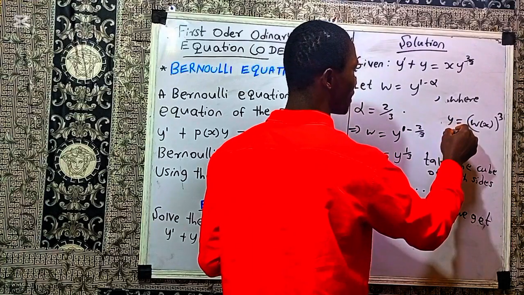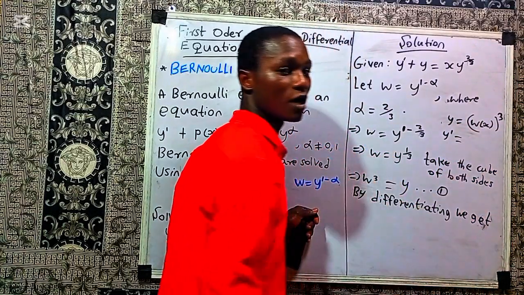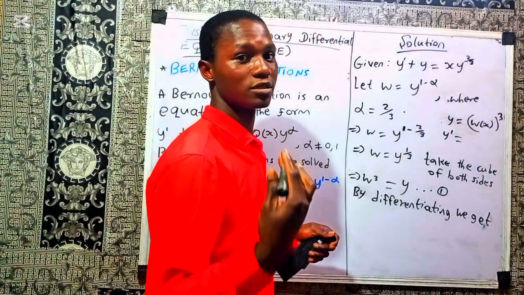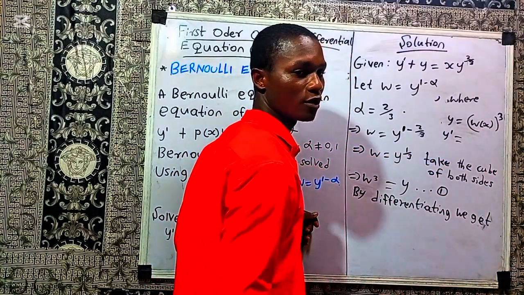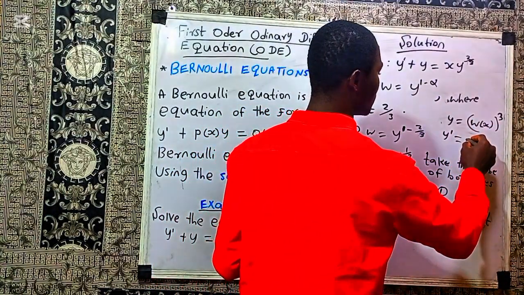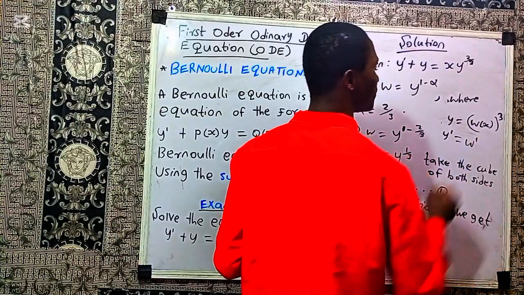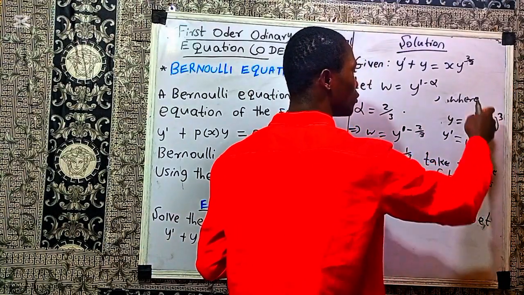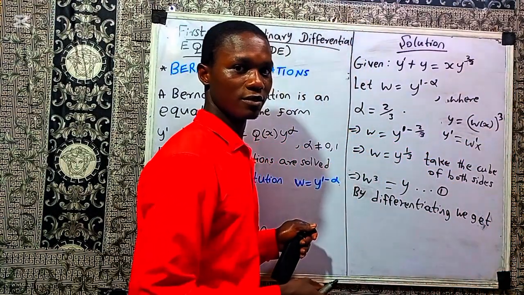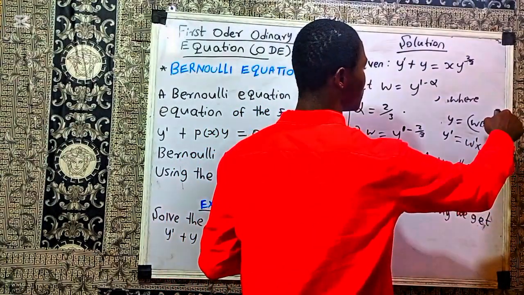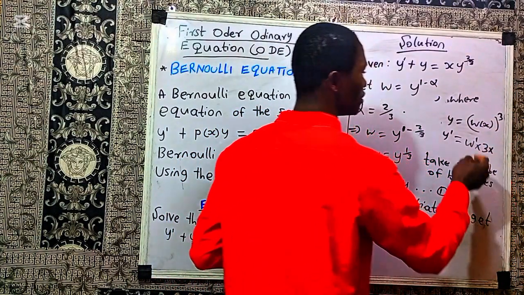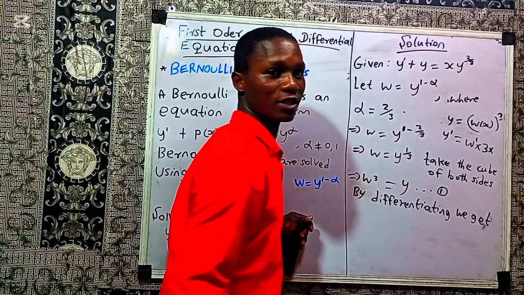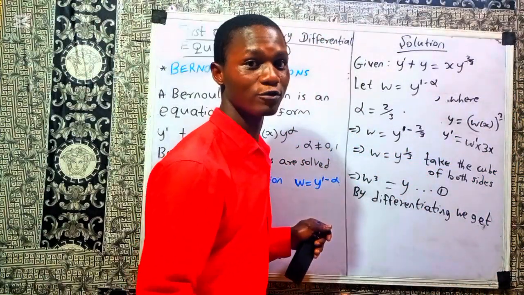So what is y prime? If you differentiate this, how do you differentiate? You use your chain rule formula. You differentiate the inside, and you get w prime. Multiply by the derivative of the whole bracket. What is the index of the bracket? 3. You bring it down, 3 times, and you remove 1 from 3, which gives 2.